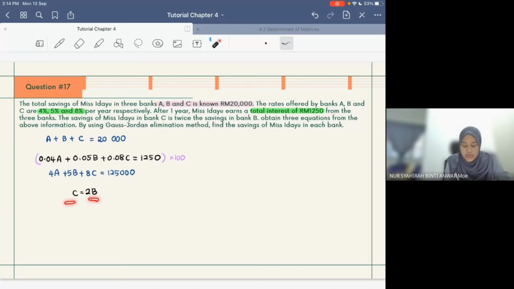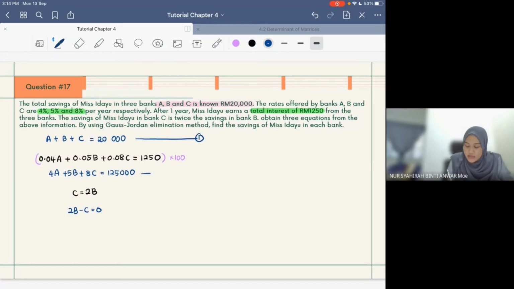So ada 2 option lah. Sama ada kamu nak jadikan dia C tolak 2B sama dengan 0 pun boleh, ataupun nak buat 2B tolak C sama dengan 0 pun boleh. Kat sini saya gunakan 2B tolak C sama dengan 0. Okay, so sebenarnya ini adalah first equation kita. Ini adalah second equation. Dan ini adalah third equation.